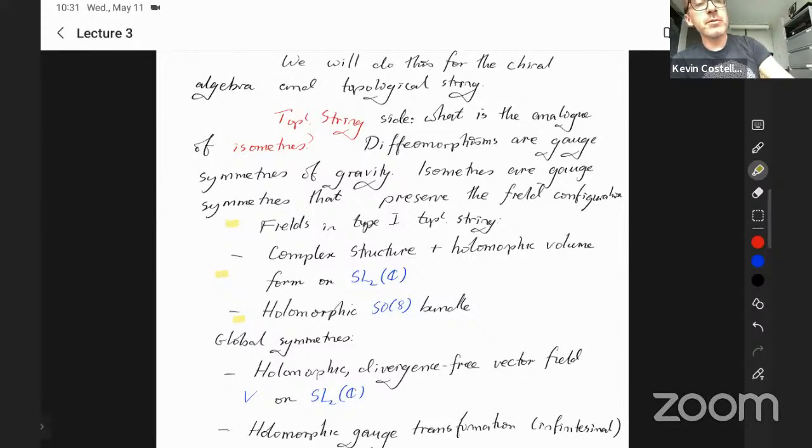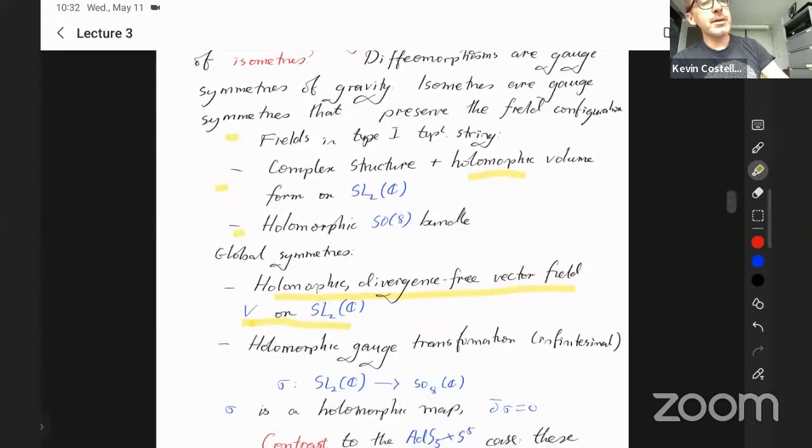And they also have to preserve the volume form. At an infinitesimal level, diffeomorphisms are given by vector fields. So these are holomorphic and divergence-free vector fields on SL(2,C). If you're familiar with complex geometry, you might notice that this is a very, very large Lie algebra. And we're going to see that it also appears on the CFT side.